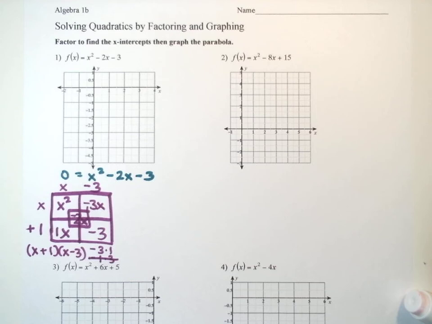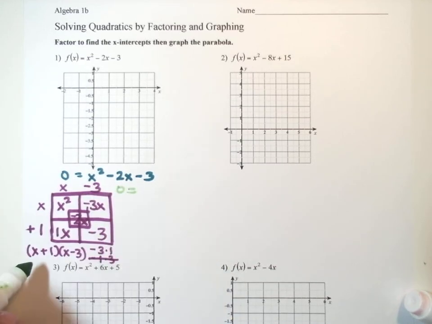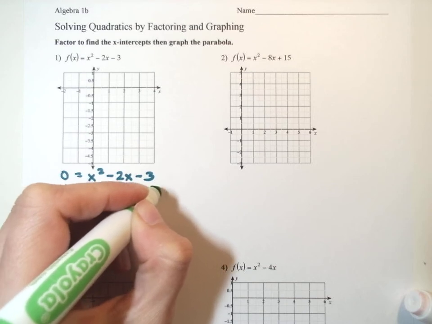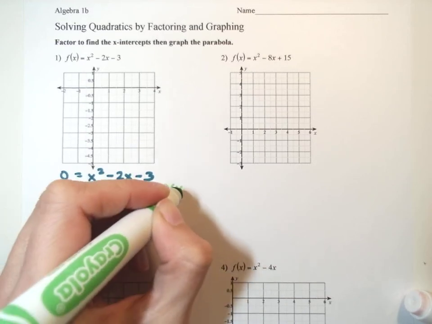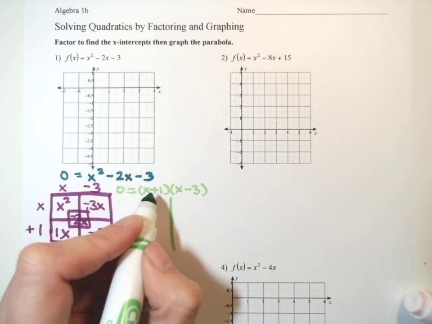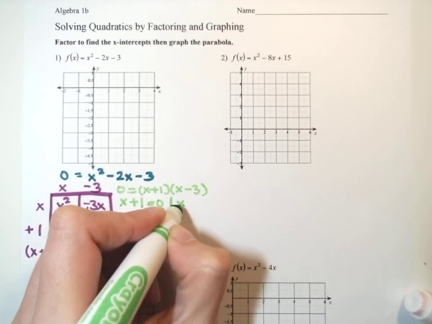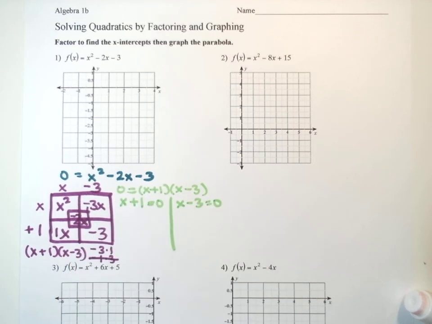So then step 3, we are going to set each factor equal to 0 and solve for x. So 0 equals x plus 1 times x minus 3. And we're going to set each one of those equal to 0. x plus 1 equals 0. x minus 3 equals 0.